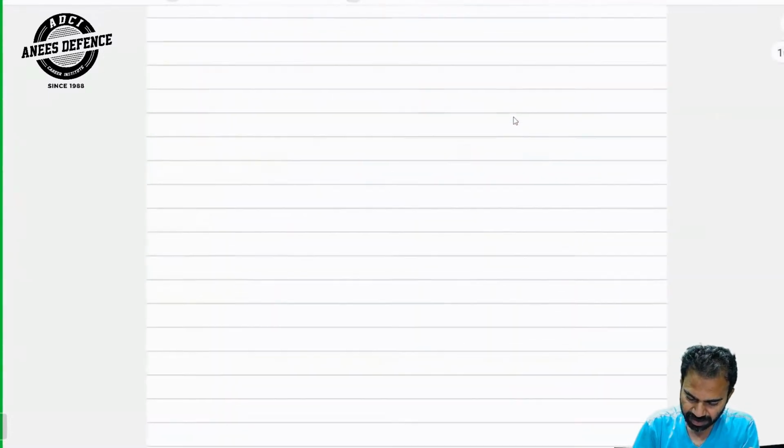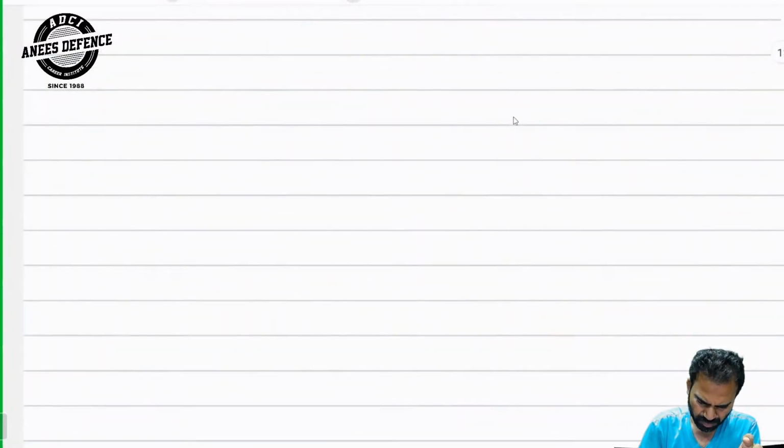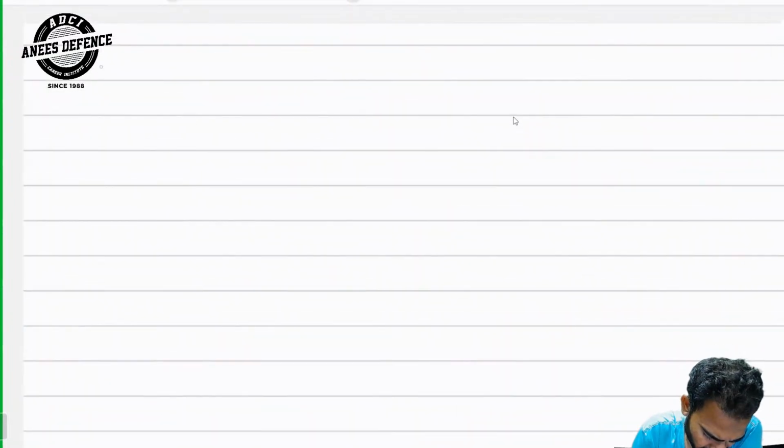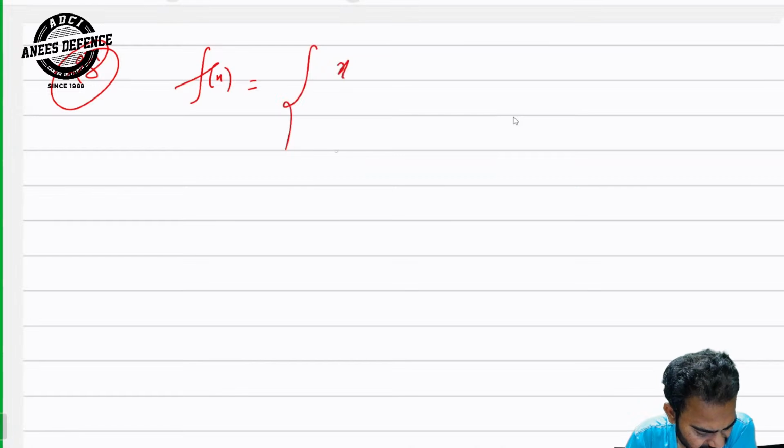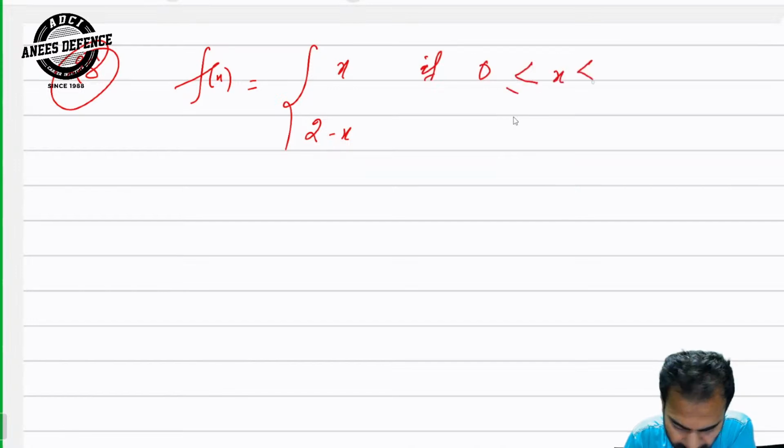Now the question number 28. You can write the question together. f of x equals x, defined when 0 to 1, 0 included, and 2 minus x if 1 is less than x less than or equal to 2.